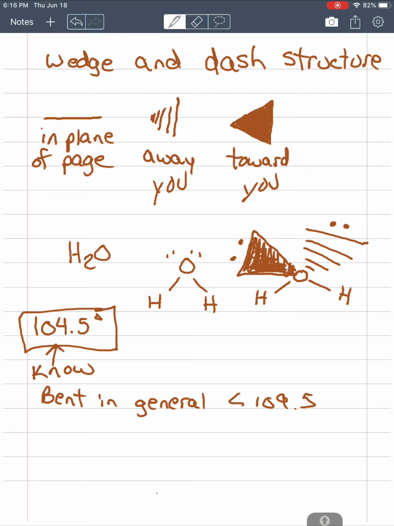And that means that the solid wedge is coming out, the dash wedge is going in, and the lines are in the plane of the paper. All right, so let's take a look at something that's more complicated.